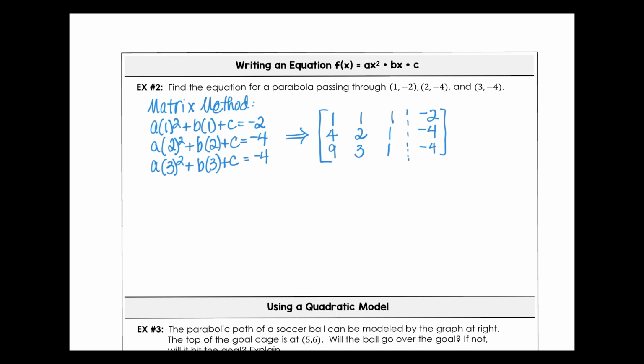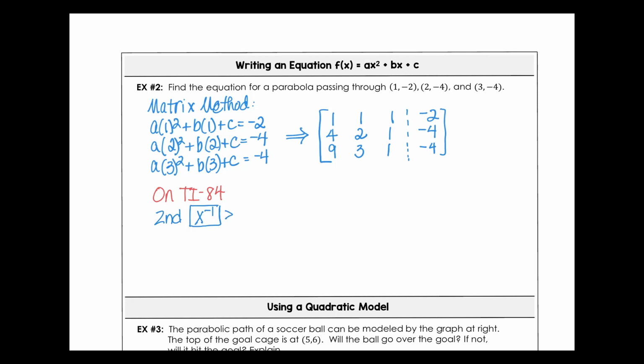Next, you need to grab your calculator, and I'm going to walk you through the steps on the TI-84 for this example. So the first thing you do is press the second button, and then the X inverse, because you'll see right above that button it says matrix.